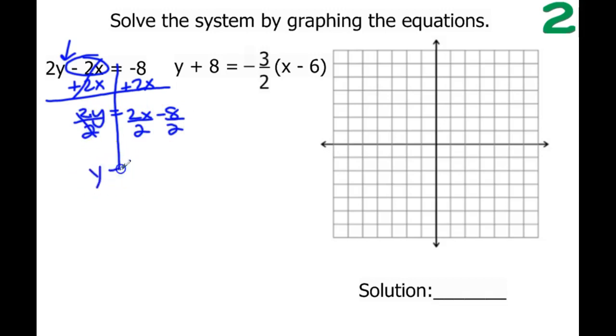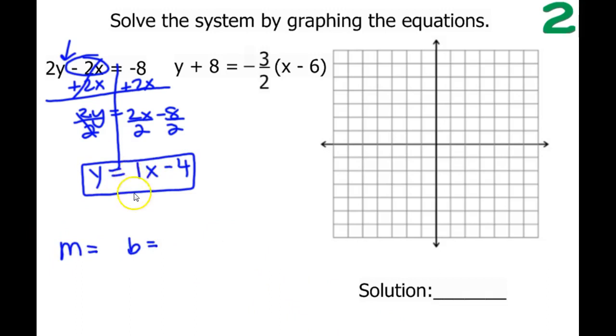So we have y equals 2 divided by 2 is just 1, 1x, minus 8 divided by 2, which is 4. If you need to identify m and b, you can do so from the graph, or from the equation. Our slope, m, is just 1. As a fraction, we can put 1 over 1 here. And then b is a negative 4.